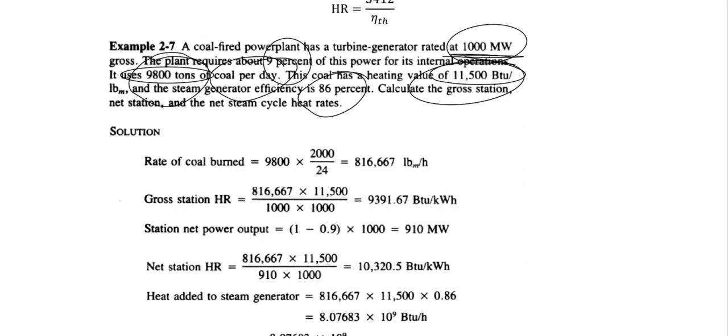And imagine if we have subbituminous or lignite coal, which we have in the Thar coal power plants in Sindh. That lignite coal has a heating value of half of this one.